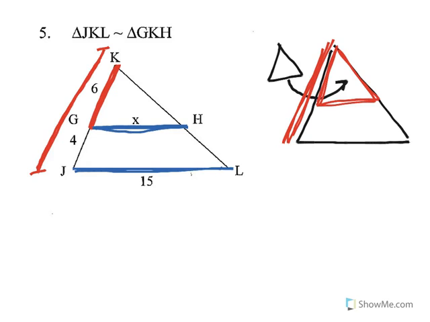So here's what I'm going to do. Once again, I'm going to do red on top of blue. So on my little one, I'm going to do a little curve in here and put 6 over top of x. Now, here is the hardest part of this type of picture. The left side of that big triangle is bigger than 6.